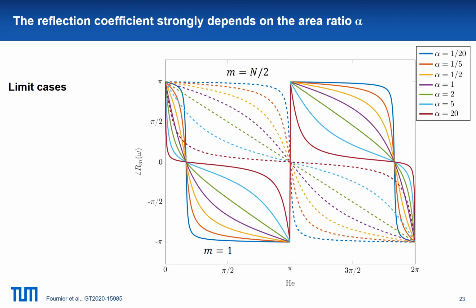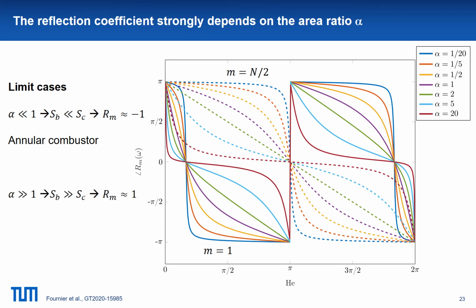The first one is when alpha is really small, corresponding to the blue line, which means that the area of the burner is really small compared to the area of the chamber. We can see that the phase is almost pi, which corresponds to a reflection coefficient of more or less -1. That models an annular combustor, a duct terminating in a large vessel.